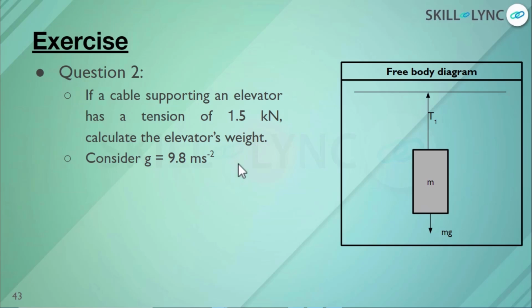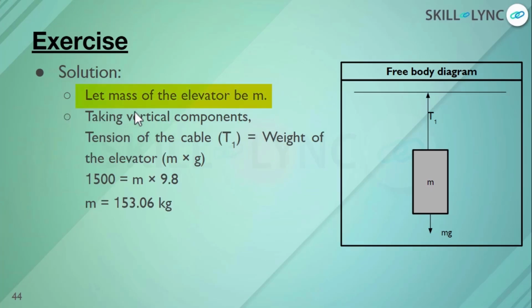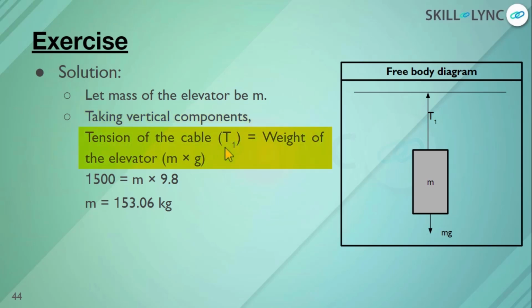If we consider this as the system, there are two forces acting on it. The first one is T1. The second one is the force due to gravity, that is m into g. g is 9.8 meter per second square and m is the mass of the elevator that we have to find out. We are taking vertical components since there are no horizontal components, therefore the tension of the cable T1 would be equal to the weight of the elevator, that is m into g, where they have the usual meanings.